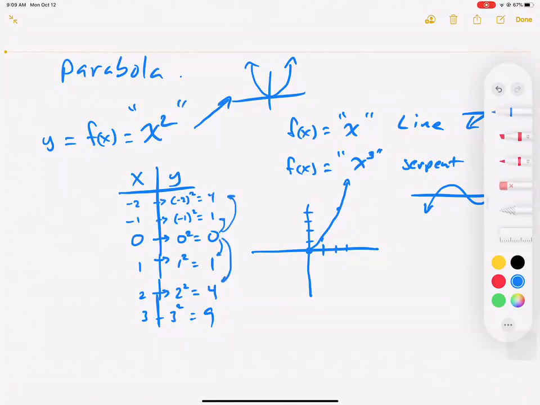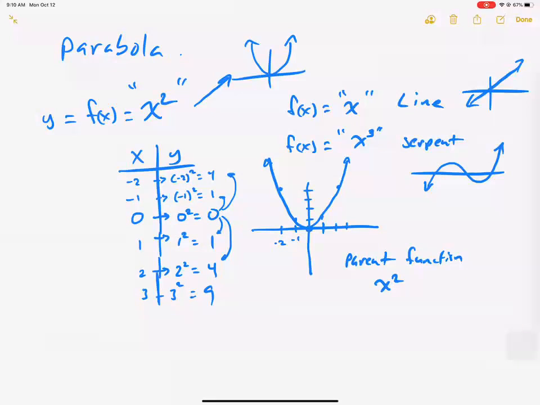So we get this image reflection across our y-axis. Here's -1, -2. Put 1, and then put down 4. And we end up with this parabola. Okay, so great. We know what the basic shape is. This is what we call the parent function of x squared.